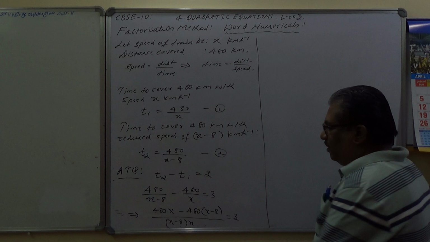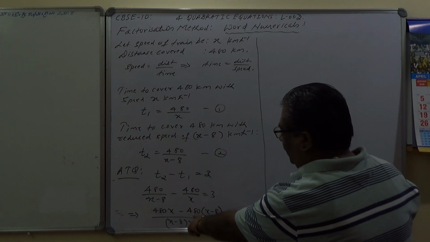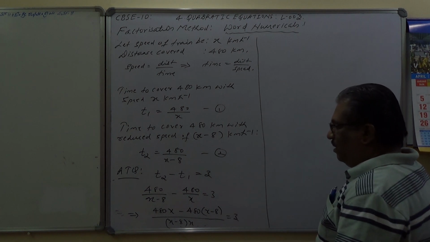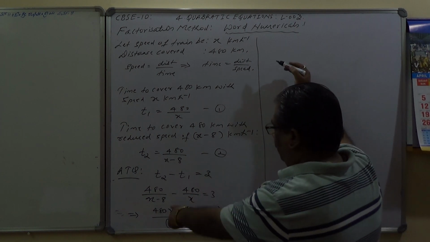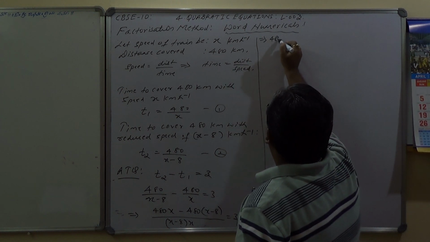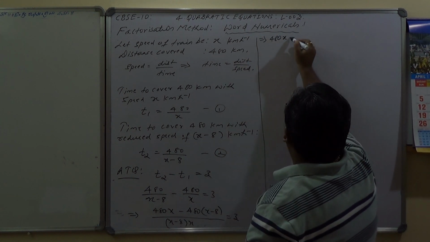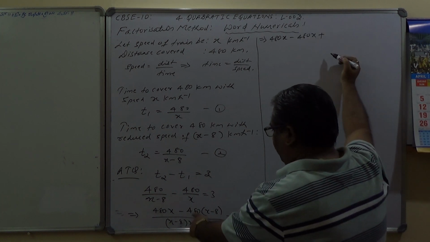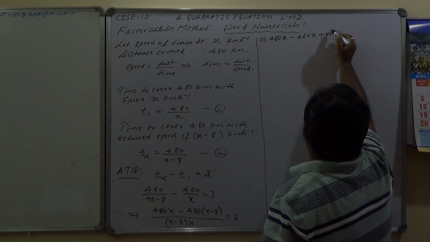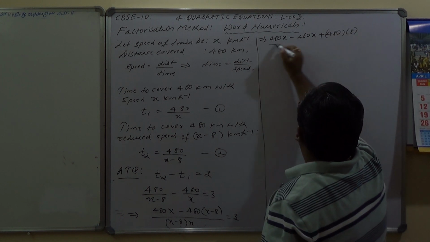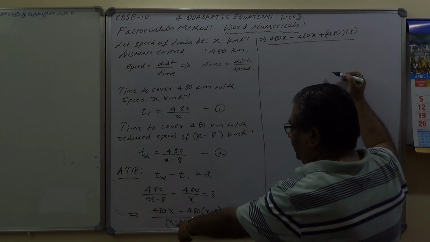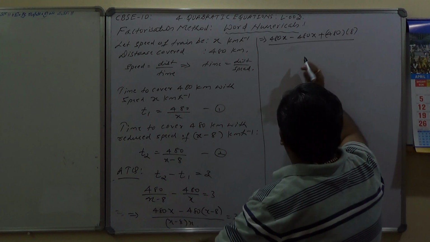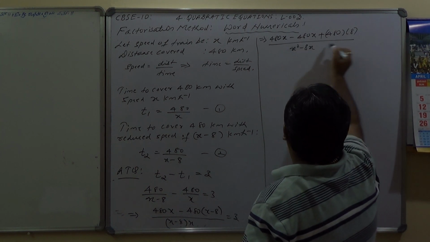So let us try to solve this one. 480x minus 480 into x minus 8, the whole divided by x minus 8 into x, which is x square minus 8x, equals 3.